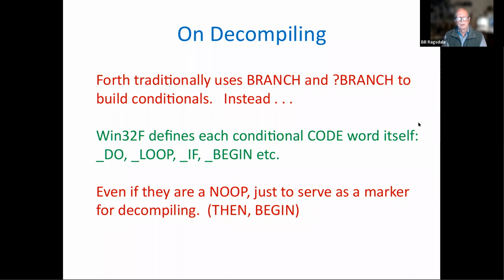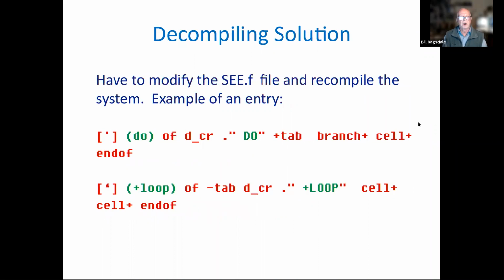So even a couple of words are no-ops that are compiled in line. Then and begin have no control function. They're just markers at return points. And so they even have primitives, even though the primitive is a no-op. You get a little bit of speed loss, but you get clarity in decompilation.